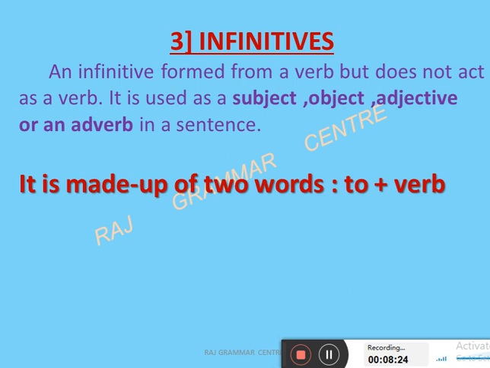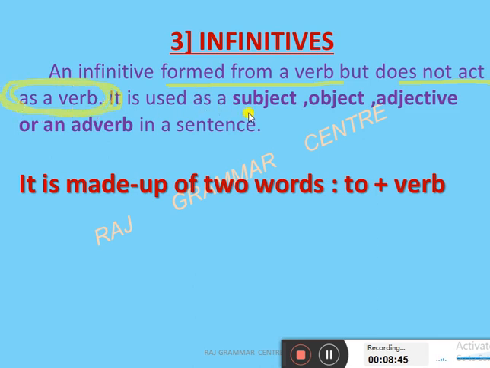But before that, see the definition. An infinitive is formed from a verb but doesn't act as a verb. Same thing as I taught earlier. It is formed from a verb but doesn't act as a verb. Not doing the work of a verb. Right? It is a verb but not doing the work of a verb.